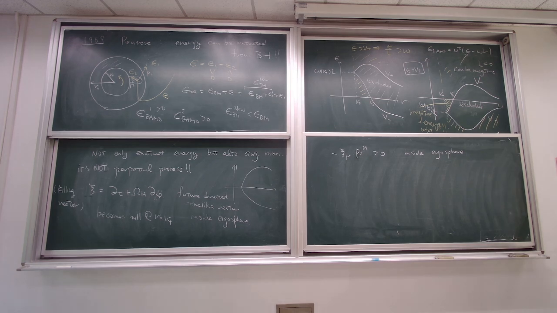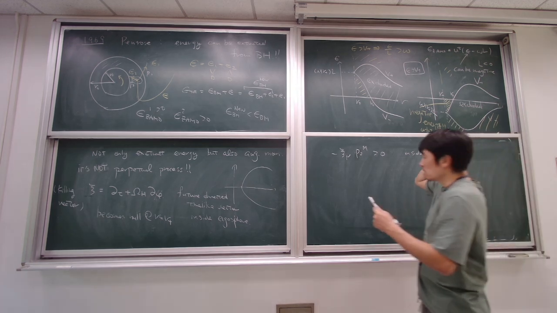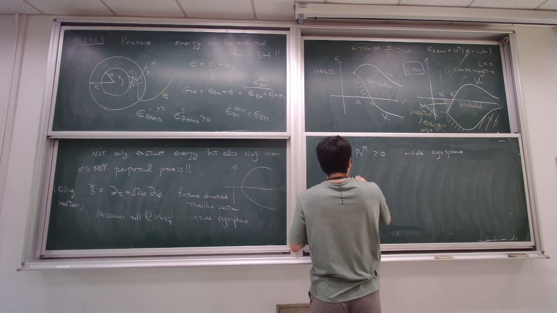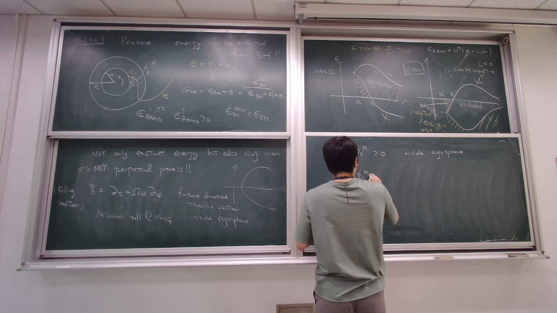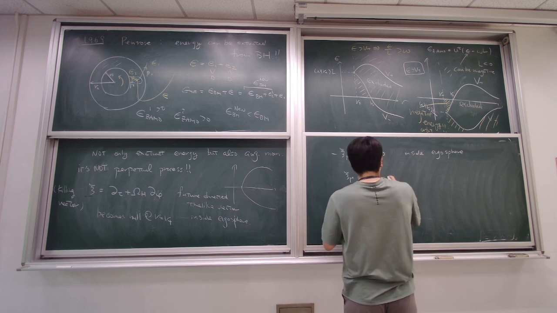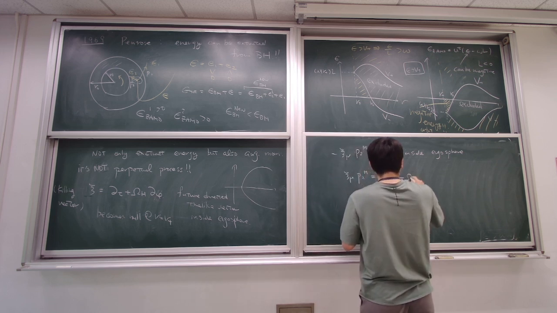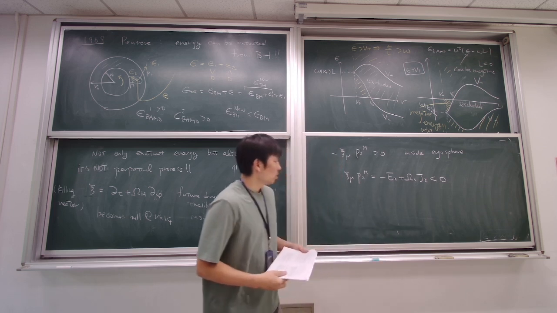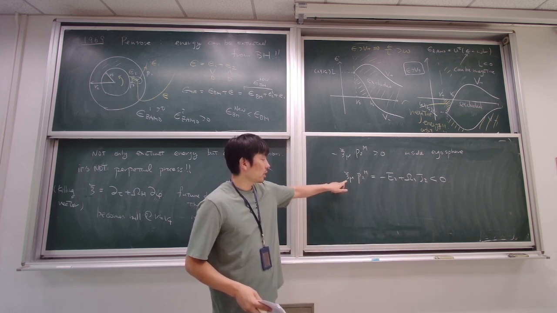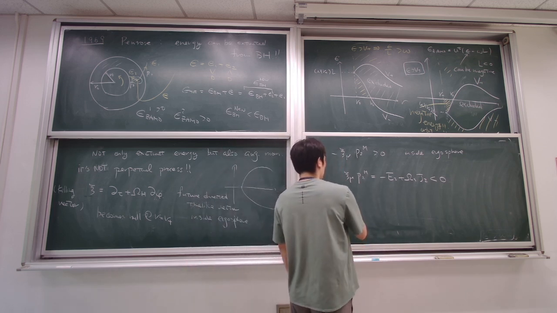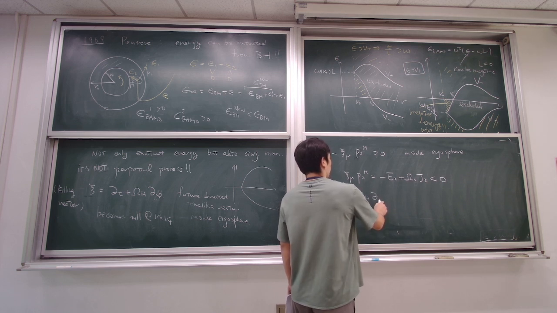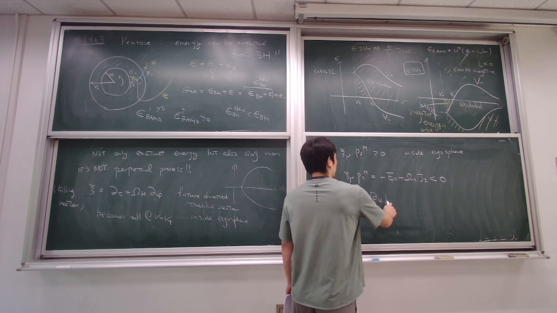That's what the Killing vector means. So this means that chi mu P2 mu, which is equal to epsilon 2 minus omega H J2, has to be 0. Here, chi is omega H phi mu plus the time Killing vector.